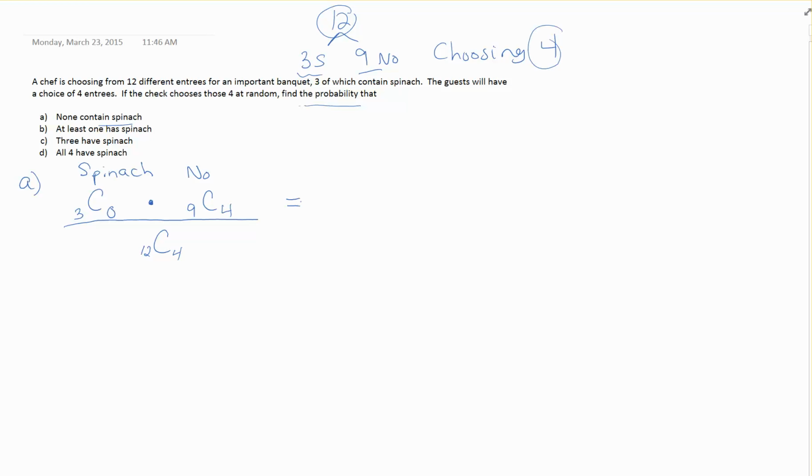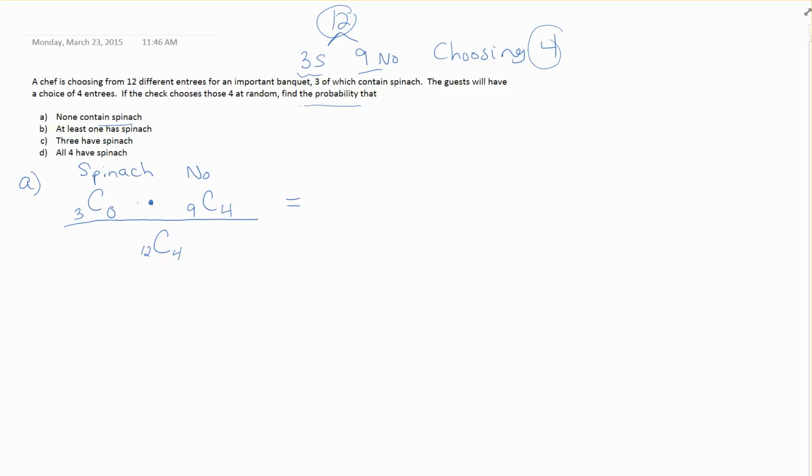I would use a calculator to evaluate these because you're doing multiple combinations. There is a formula that you could use to evaluate combinations, but you can just use your calculator and use your nCr program to determine what these answers are.